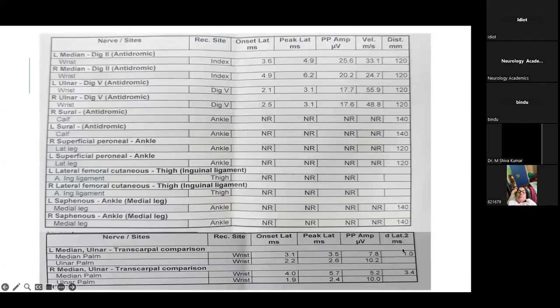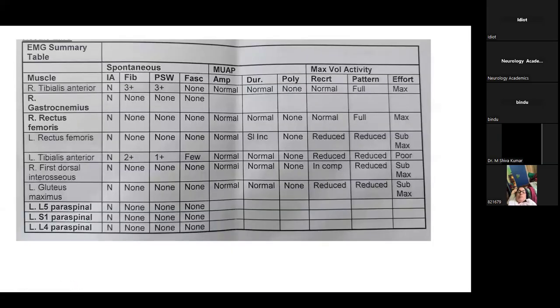In the upper limb, the difference in latency between median and ulnar is prolonged bilaterally, more on the right side, because CTS is more on the right. Then EMG is showing fibrillation and spontaneous activity in the right tibialis anterior and bilateral tibialis anterior. Then in the left rectus femoris, reinnervation potentials are recorded.